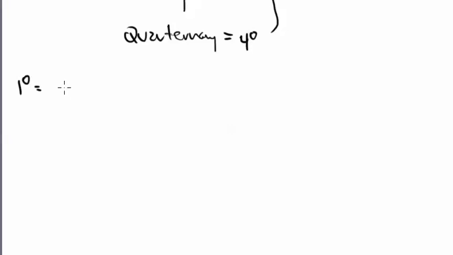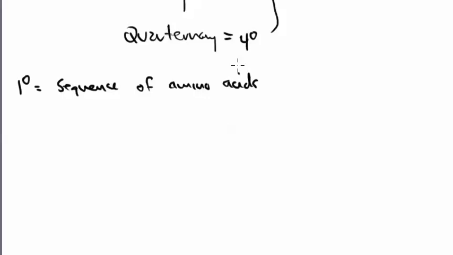So if I look at primary protein structure, this is basically the sequence of amino acids. That's all that it is. So if I want to know information about the primary protein structure, what I'm after is just really simply the amino acids and the order at which they hook up. That is all that I want to know. So what amino acids are there, how are they hooked up, which one's first, which one's second, which one's third, and which one's fourth.